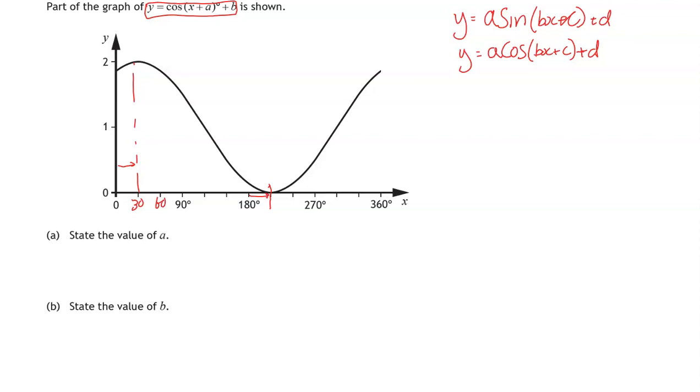Now, a big thing to remember is that x does the opposite to what you want. So it's moved right by 30 degrees, which is fine, but our brain wants to tell us that that would mean it's plus 30. However, what you've got to remember is that because the x does the opposite to what you want, the value of a isn't plus 30, it's actually minus 30 degrees.